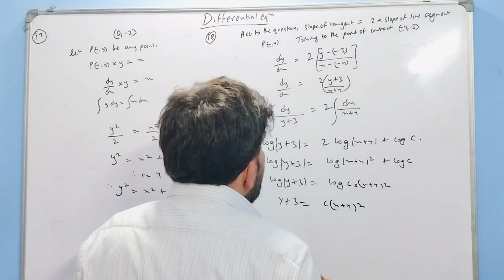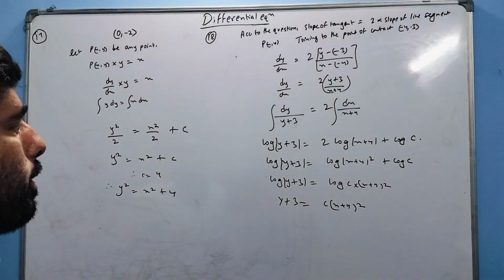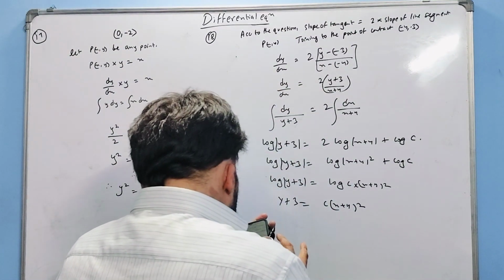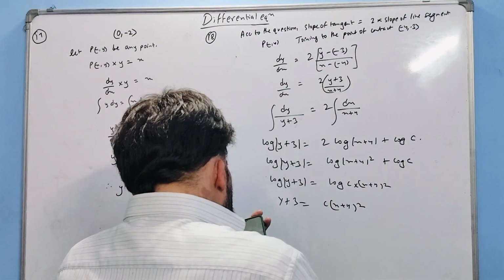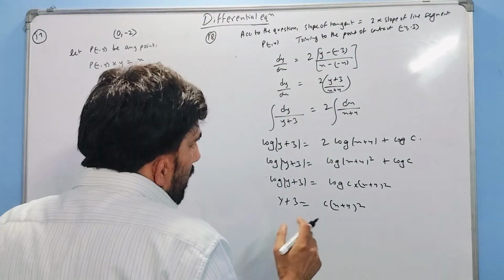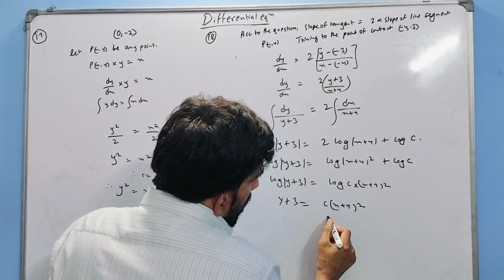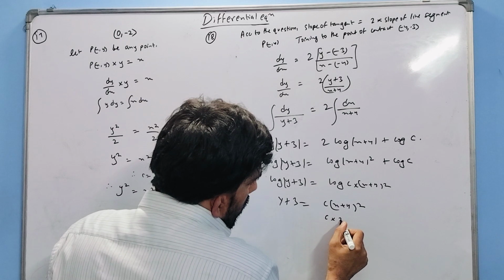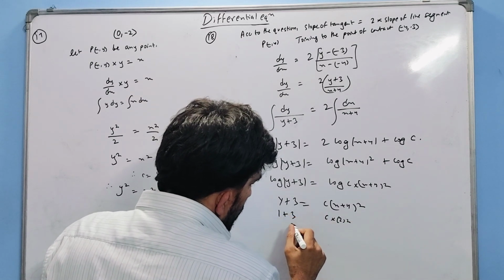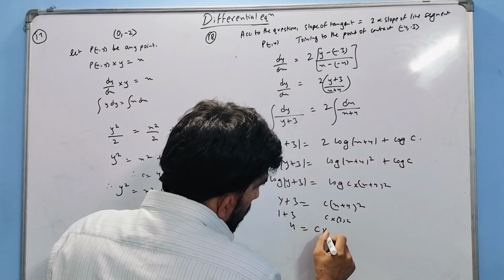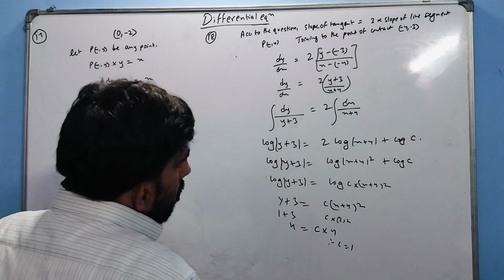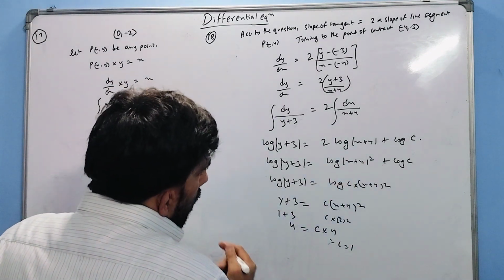Now they are saying that the curve passes through a point. We need to find the equation that passes through minus 2, 1. So if I put x is minus 2, y is 1, we got 4 is equal to c times 4, so therefore c is equal to 1.